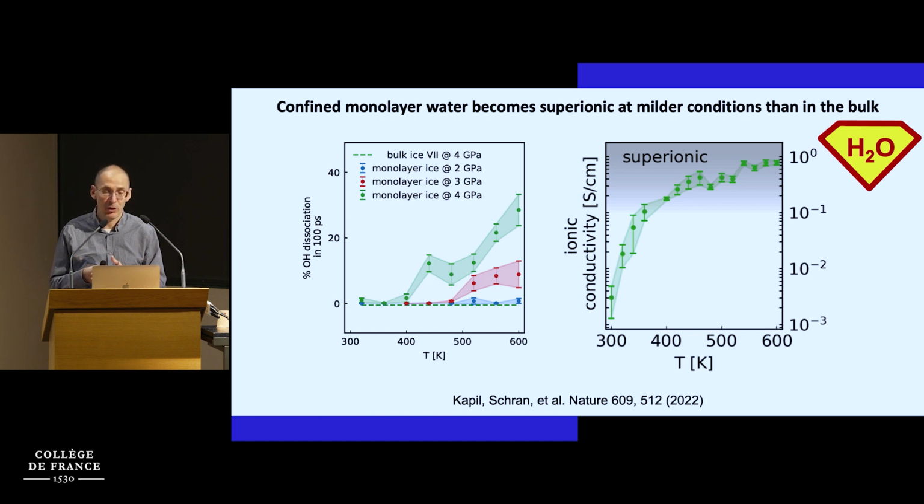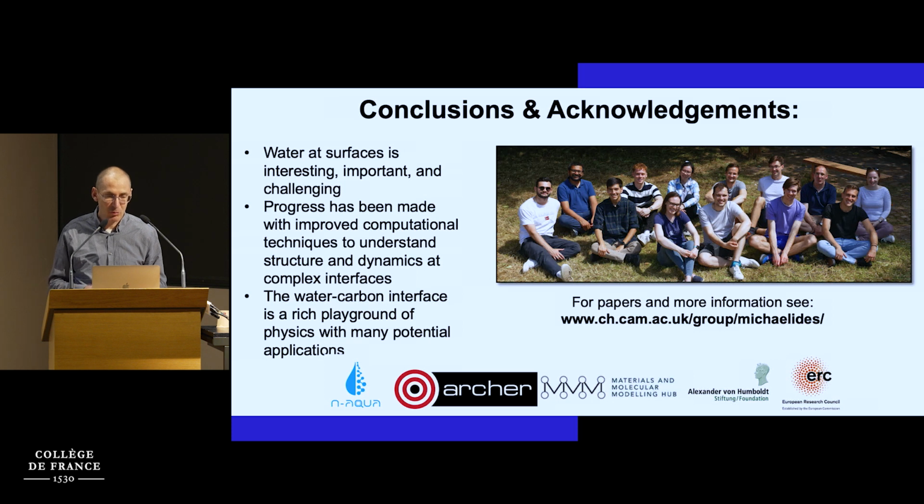There's a lot of interest in high pressure physics about accessing high Tc with hydrogen-rich materials, and this type of system might be a way to explore that. So with that, I will stop and let you read the conclusions, and thank you all for your attention.